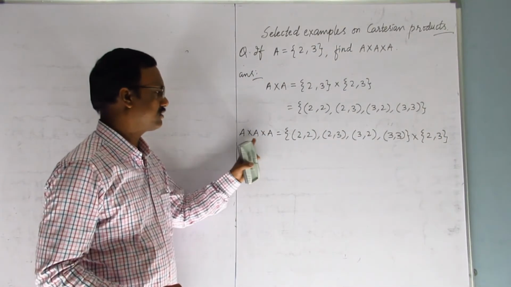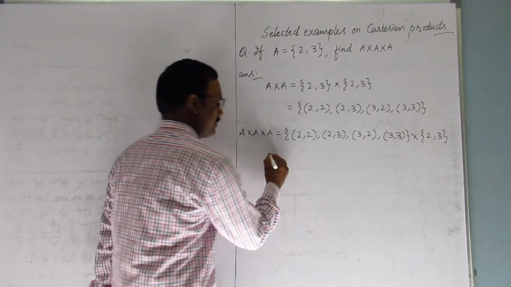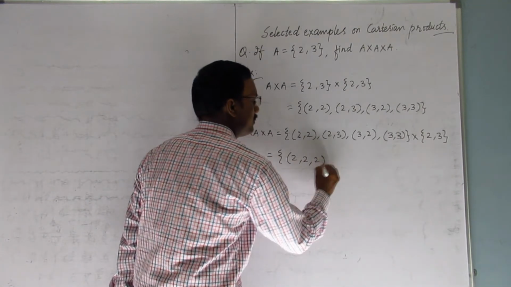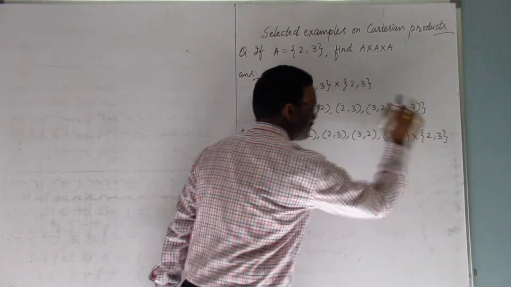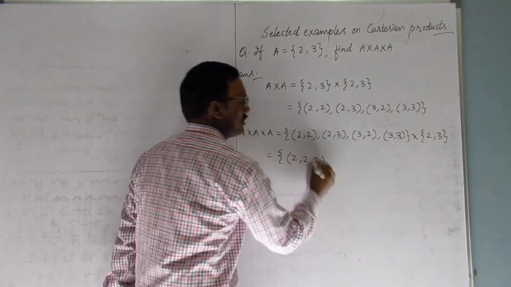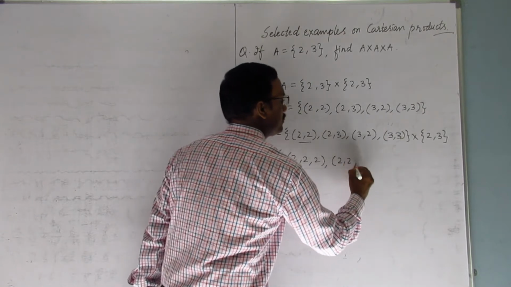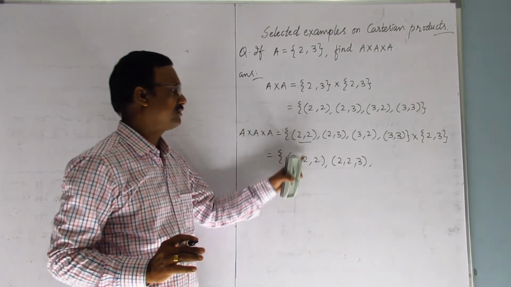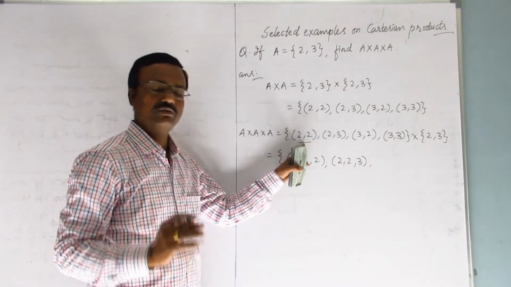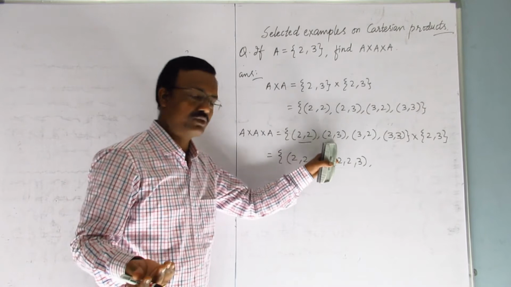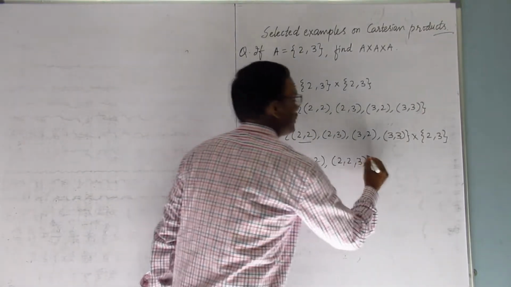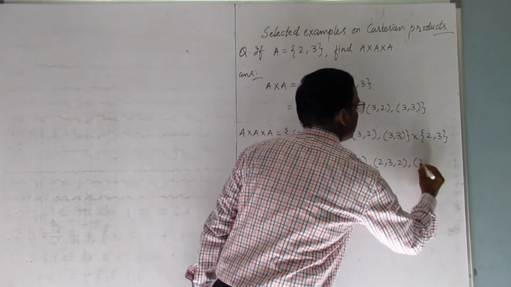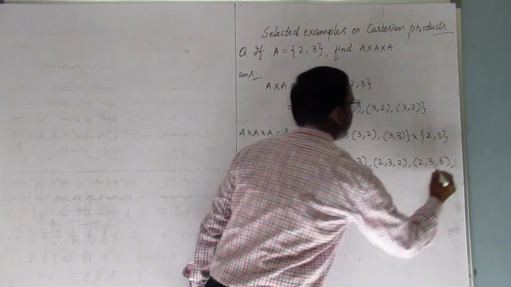Now get A cross A cross A as follows. So this is (2,2) with 2 and 3. So (2,2,2) and again (2,2,3). Got it? So first get all the combinations with (2,2). Then get all the combinations with (2,3). So next we will get with (2,3): (2,3,2) and then (2,3,3).